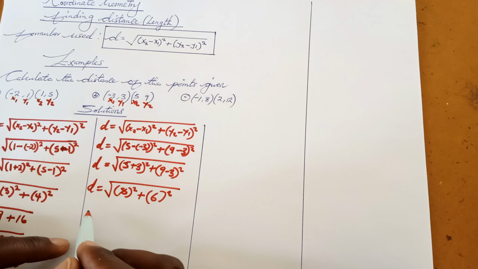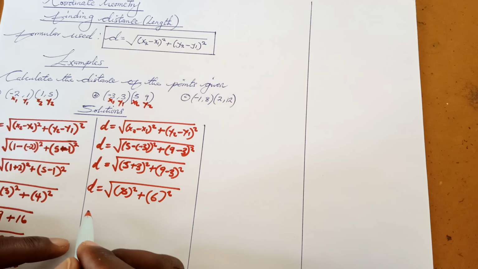The distance will be equal to the square root of 8 squared. This means 8 times 8, to give us 64, plus 6 squared, it is 6 times 6, giving us 36.